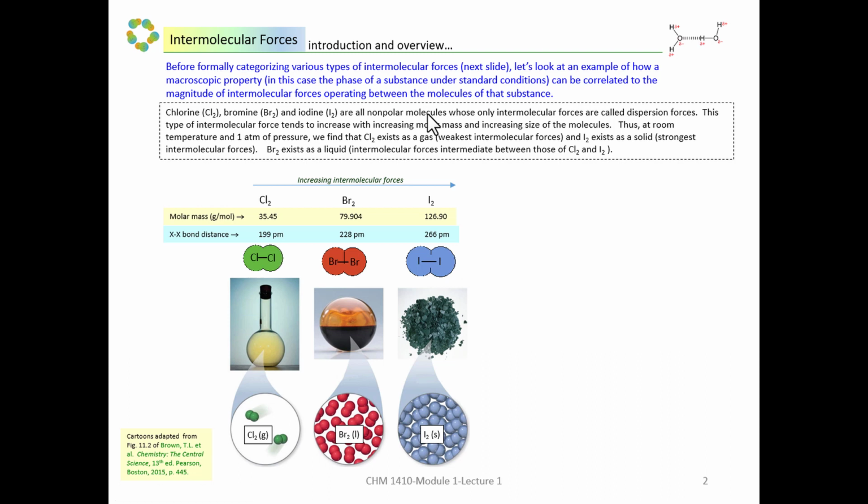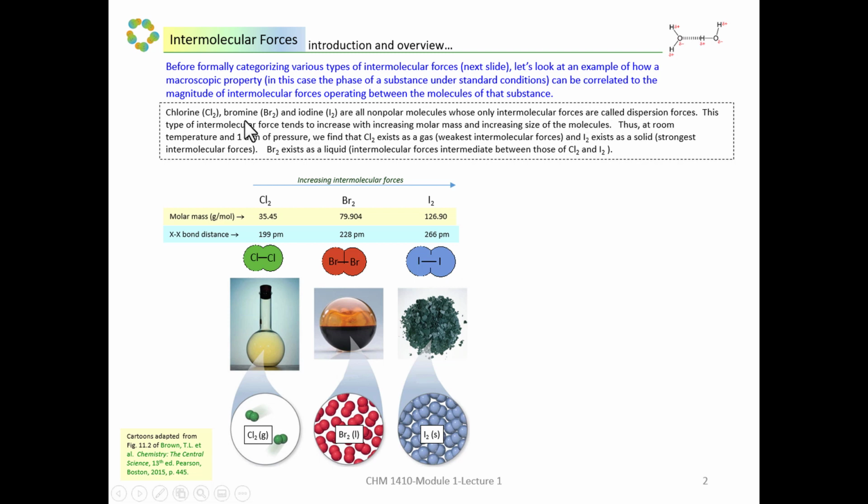And the only intermolecular forces operating here are called dispersion forces. We'll talk more about dispersion forces soon, but for now we'll remember that nonpolar molecules, of which chlorine, bromine, and iodine are examples, have intermolecular forces called dispersion forces.